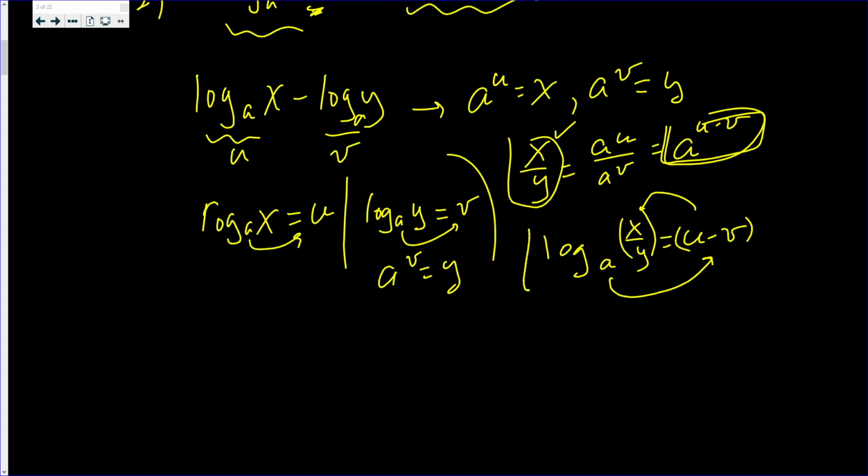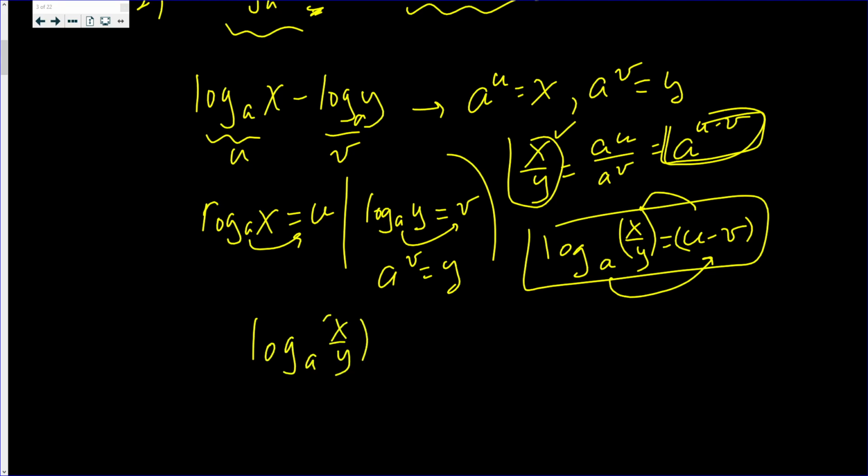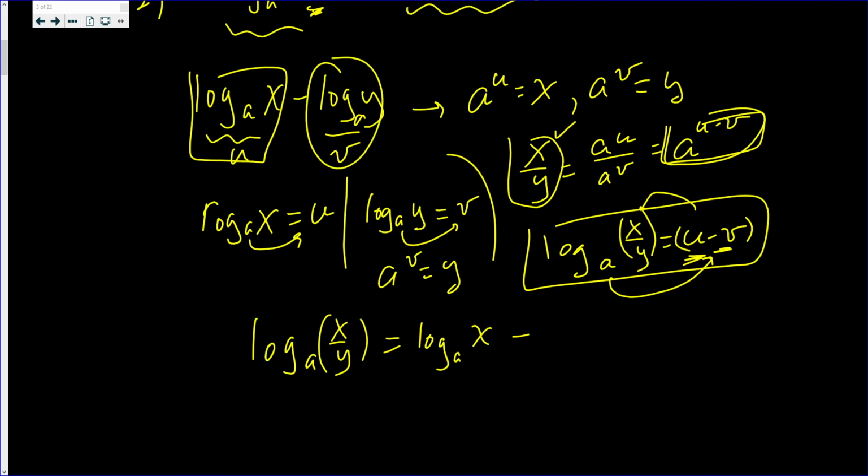Okay, so just recopying this in a little bit of a different language, no u's and v's. u was log base a of x, minus v, which is log base a of y.